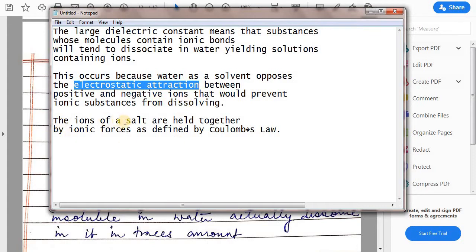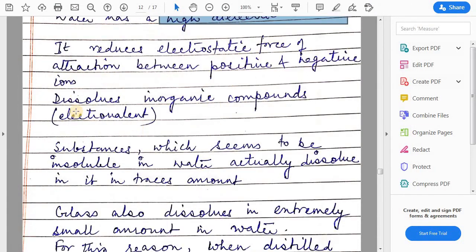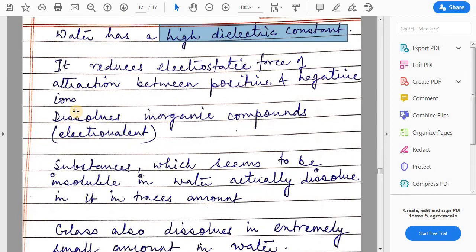Now, the ions of a salt are held together by ionic forces, which are also called Coulomb force. This is not in your syllabus, but this is for your understanding about the dielectric constant. We will discuss water again, and electrostatic force, covalent bond, all this in the bonding chapter.